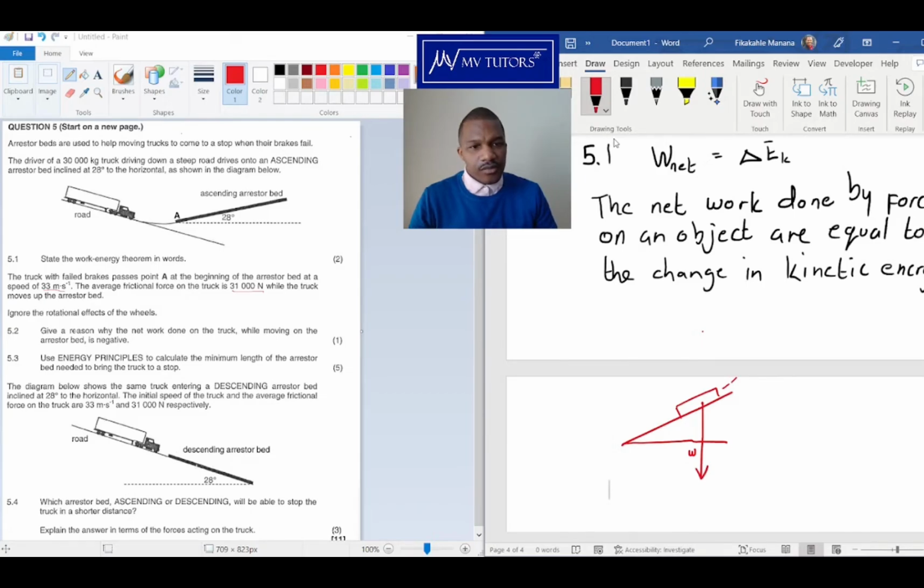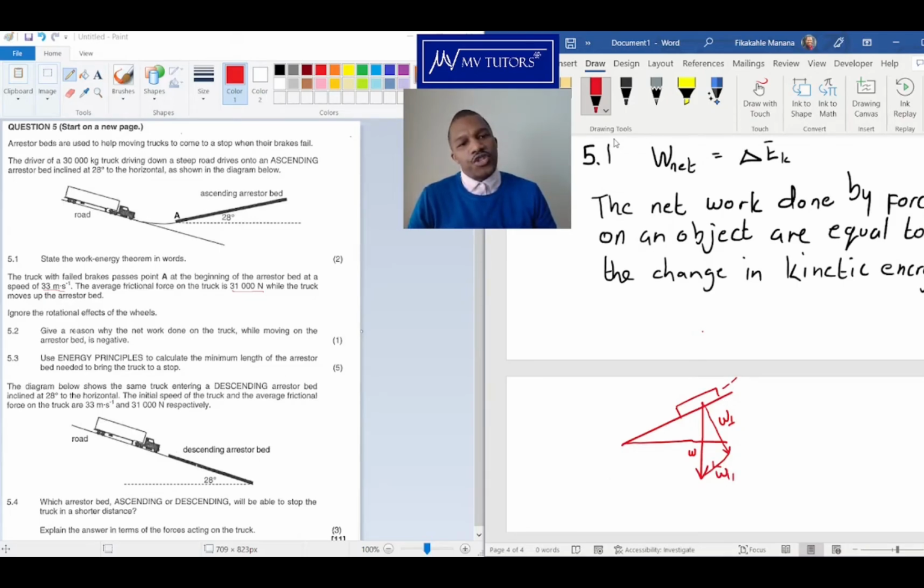Perpendicular to the motion, we have the weight component that is perpendicular, and parallel to it, we have the parallel component of the weight.